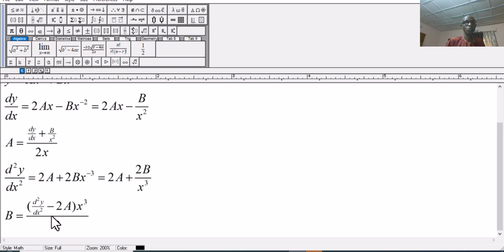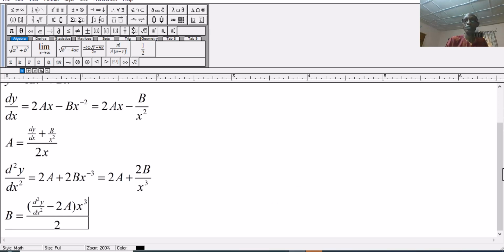So this is what we have for b. So we have gotten the two derivatives that we need to tackle this particular problem.